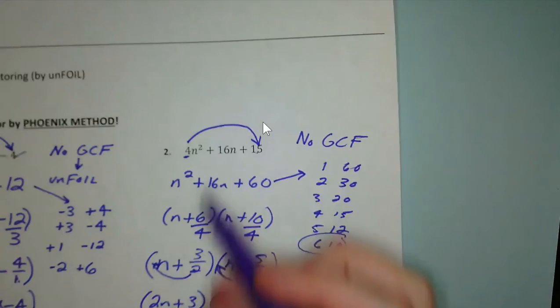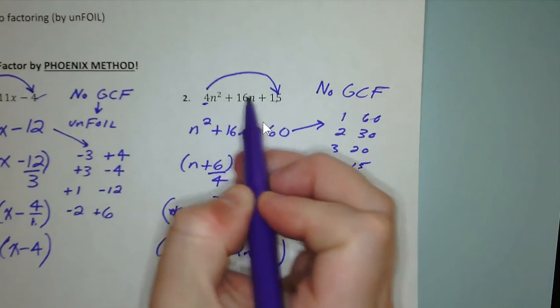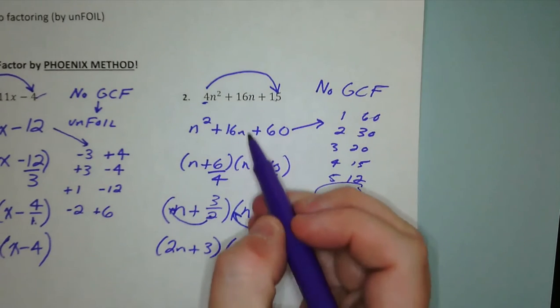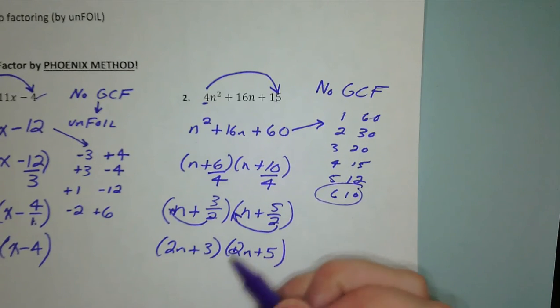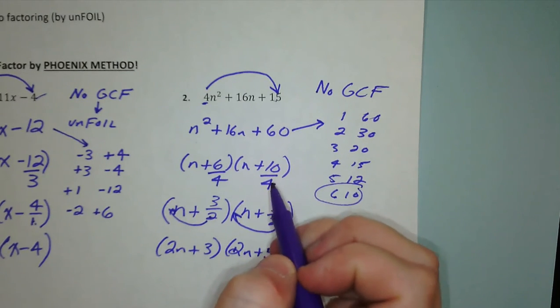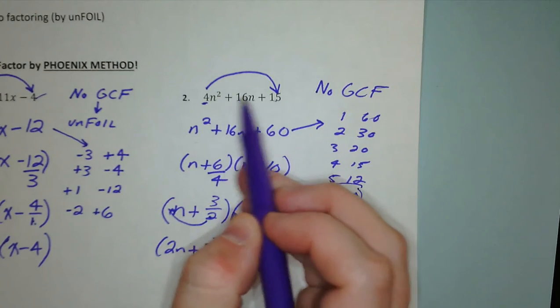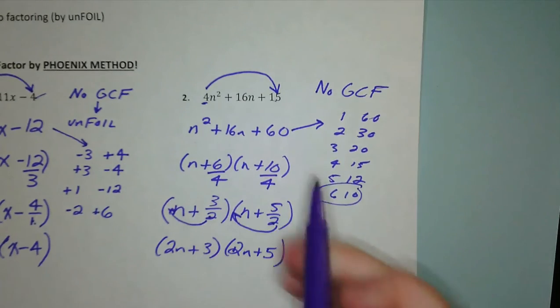But guessing and checking all kinds of bubbles that would FOIL together, that's a pain in the neck. So I know the Phoenix method has a lot of steps, but it's way nicer than trying to guess and check your way to what two bubbles would multiply together. Just doing all these steps in a row. So turn the page.